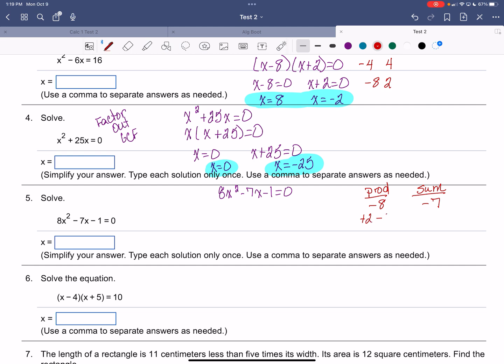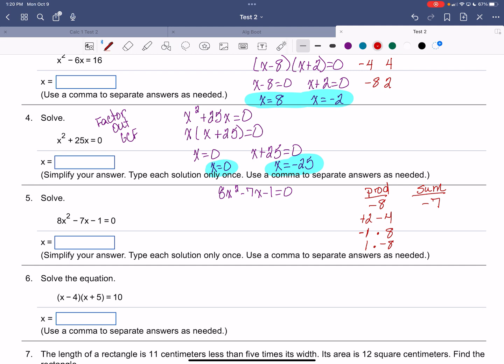We can do 2 and 4, but that doesn't get me anywhere near my product. Sometimes we forget that everything can be multiplied by 1. So 1 times 8, one of them's got to be negative, so I can say negative 1 times 8, but this doesn't work because negative 1 plus 8 is positive 7, and what do I need? Negative 7. So I'm going to have positive 1 times negative 8.